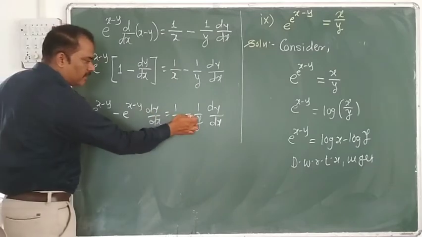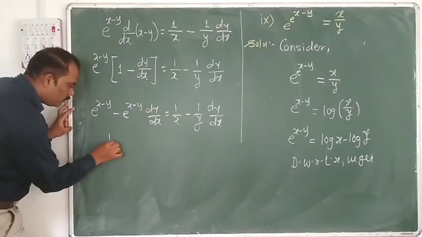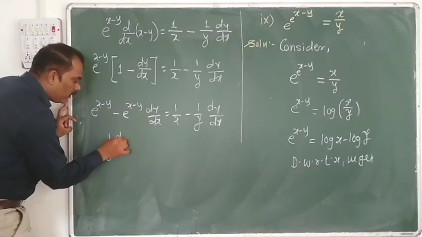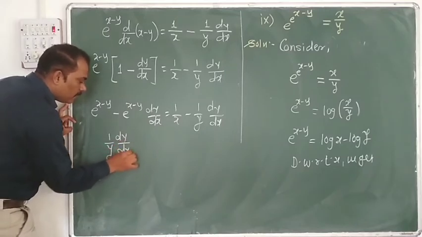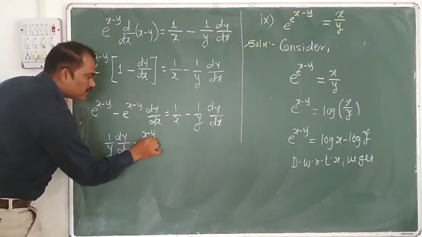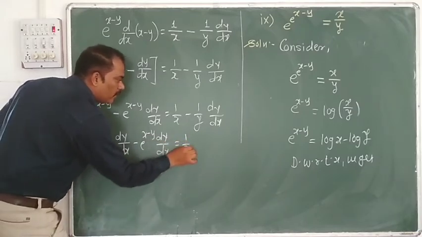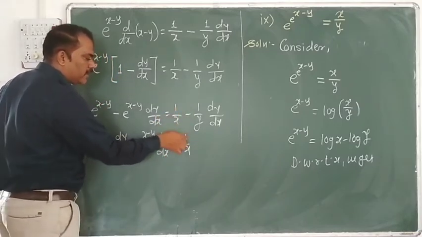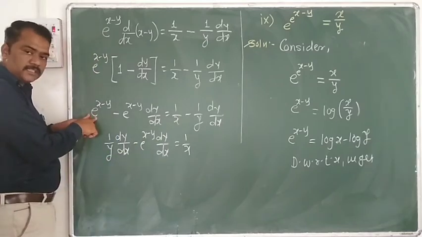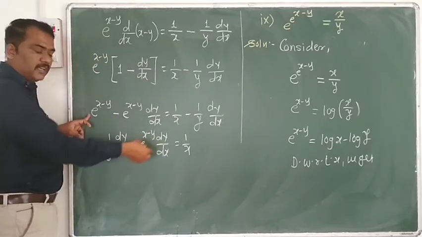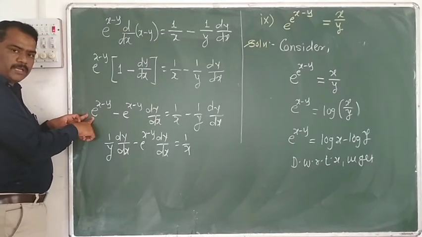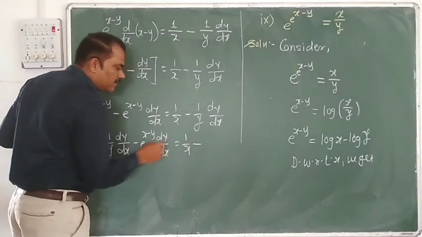If we take this term on this side, it must be positive. So 1 upon y dy by dx minus e raised to x minus y dy by dx is equal to 1 upon x. This term 1 upon x is on the RHS. We transfer this e raised to x minus y to the RHS. On this side it is plus, and when we transfer it to this side it must be minus.